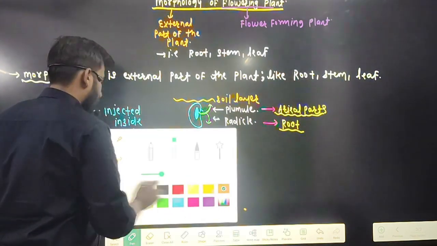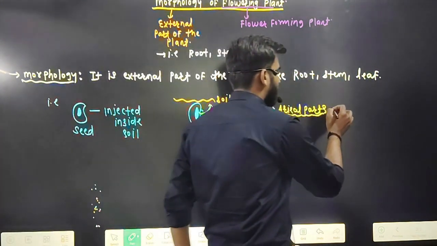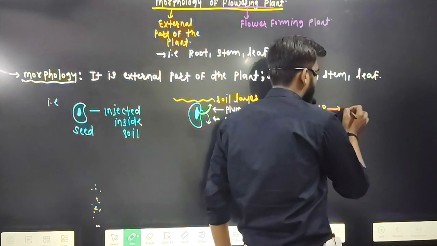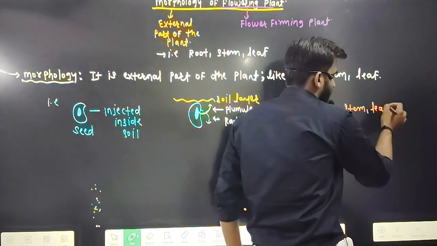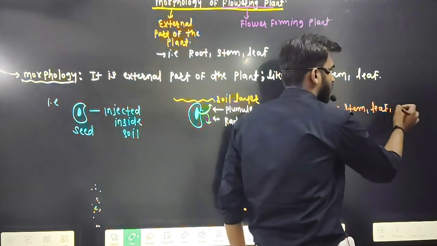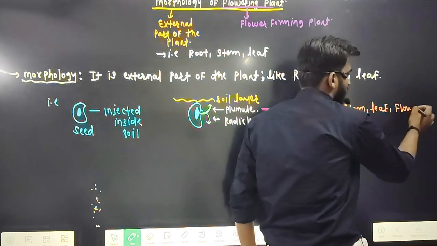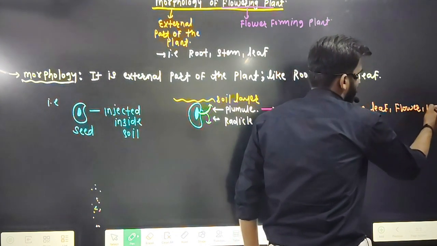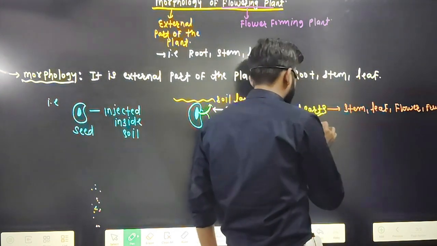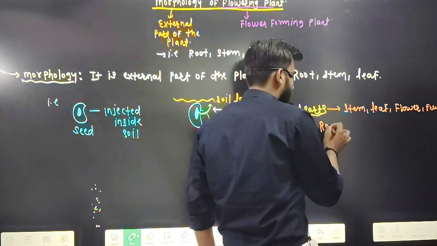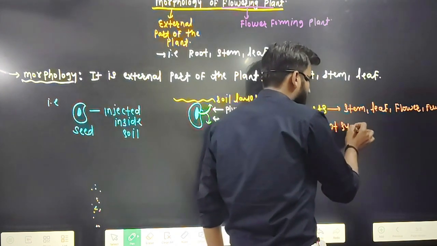Okay, what are the aerial parts? The aerial parts are responsible for the formation of the stem, leaf, and after maturation, flowers and fruits, etc. What is the root? It forms the root system. What is the root system, dear student?